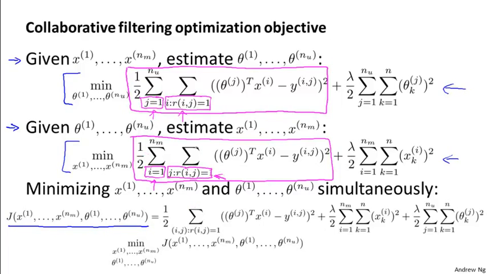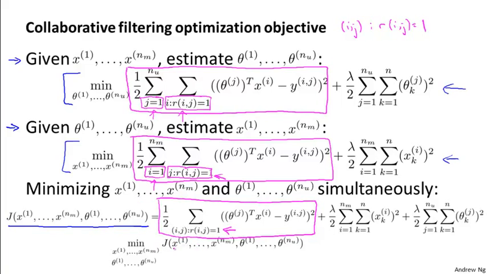And so both of these are just summations over all pairs ij for which r(i,j) is equal to 1. It's just summing over all the user-movie pairs for which you have a rating. And so those two terms up there are just exactly this first term, and I've just written the summation here explicitly, saying the sum of all pairs ij such that r(i,j) is equal to 1.